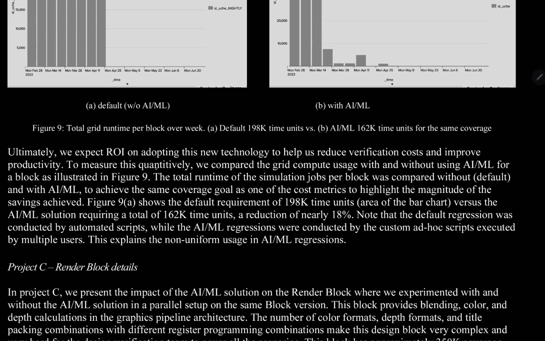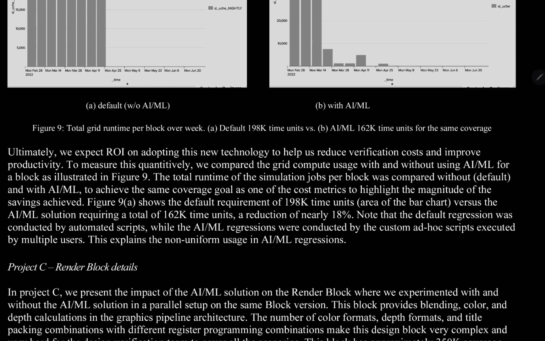To measure this quantitatively, we compare the grid compute usage with and without using AI-ML for a block, as illustrated in Figure 9. The total runtime of the simulation jobs per block was compared without AI-ML, or default, and with AI-ML to achieve the same coverage goal as one of the cost metrics to highlight the magnitude of the saving achieved.